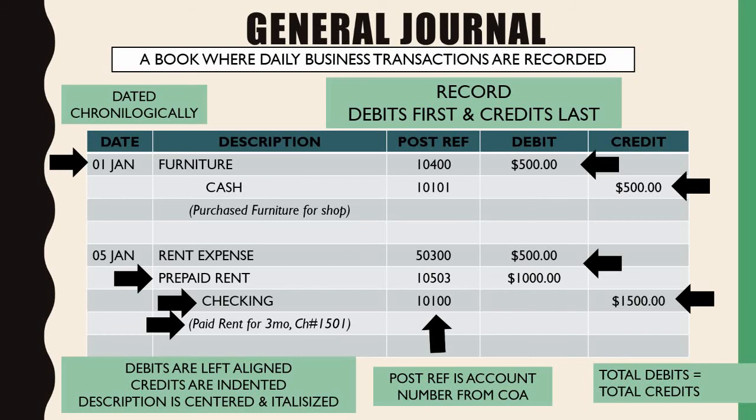And then because I'm paying for a total of 3 months, at $500 a month, I have 2 more months to pay, which is $1,000. And then the grand total that I paid was $1,500. So this is where the concept that your debits must equal your credits applies, okay?